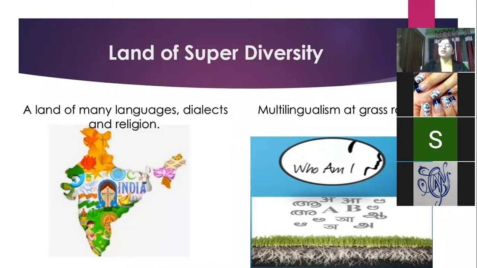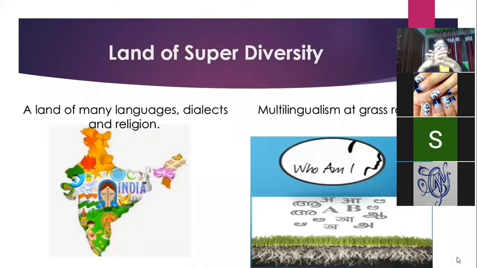Now, everyone doesn't know the literature. When we talk about the layman, we don't know about the literature behind those languages. But still, we know our language and we have our cultural identity. And when the children of any state go to school, they acquire another language.